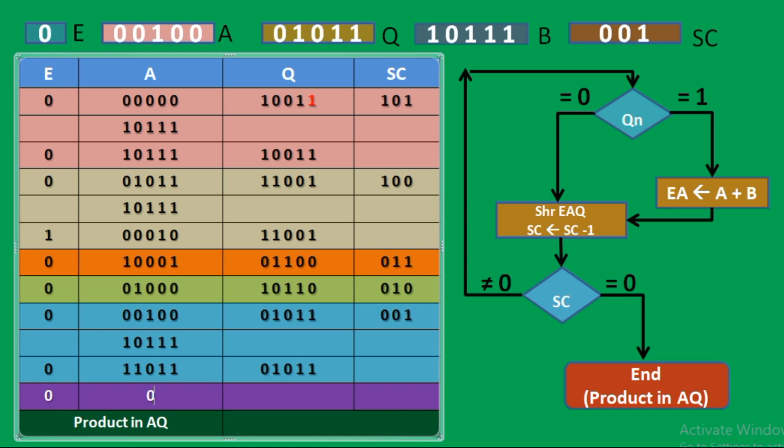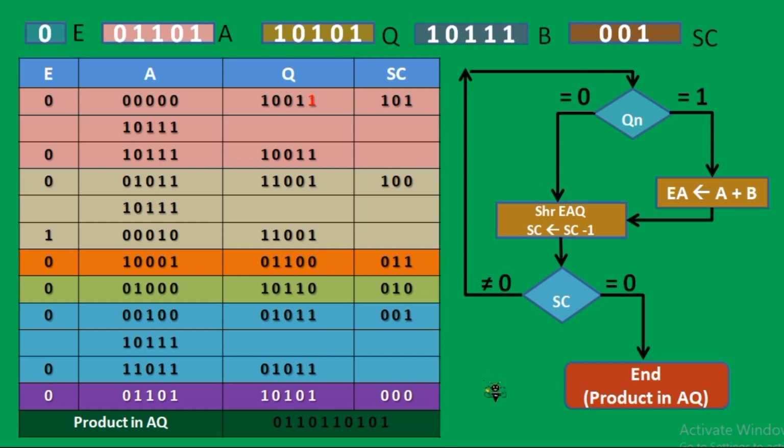Next, 10101. The counter value is 0. So the counter value is 0, and 0 means end the process. The product is in AQ. The final product here is 0110110101. This is the final product.